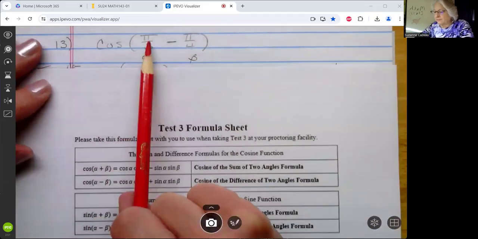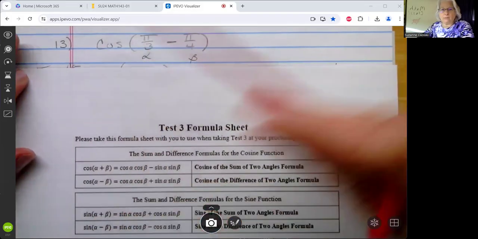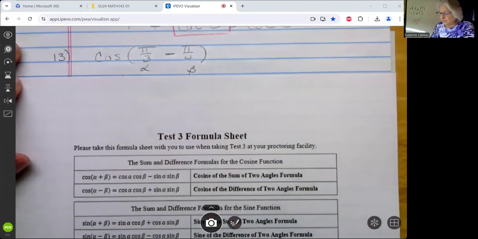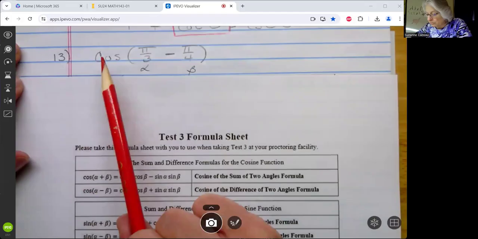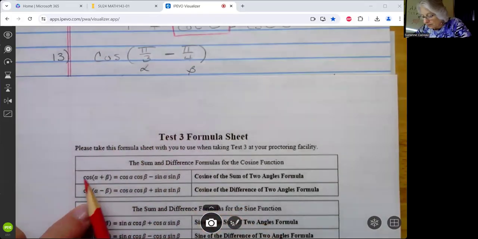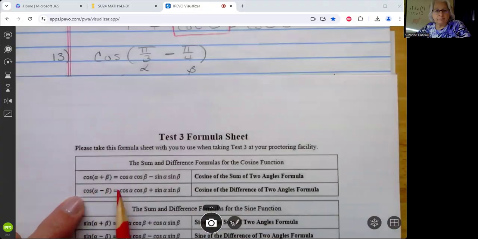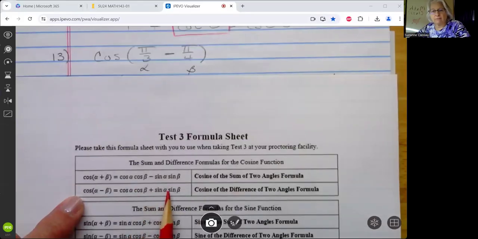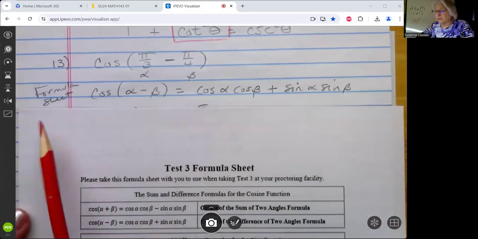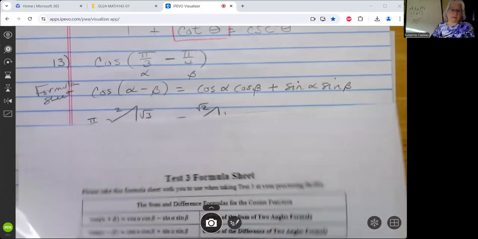You can label this first one alpha and that second one beta. So I'm going to look for cosine alpha minus beta. That's cosine alpha, cosine beta plus sine alpha, sine beta. So this is straight from the formula sheet.